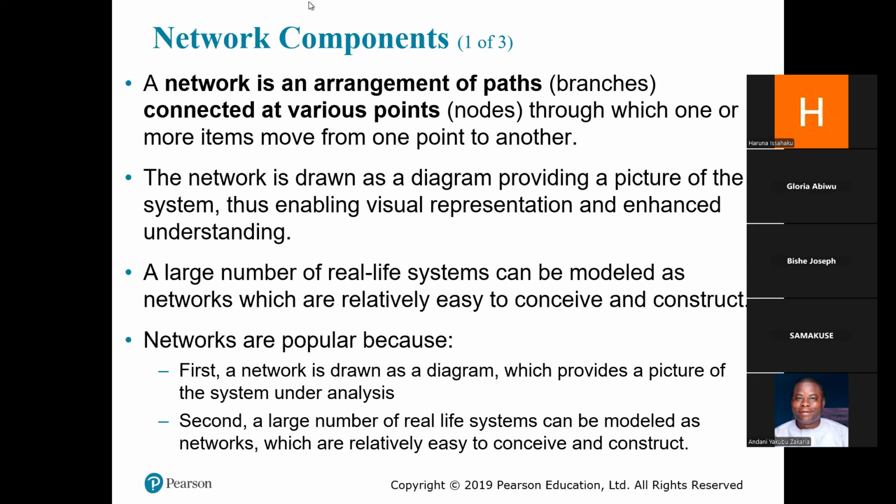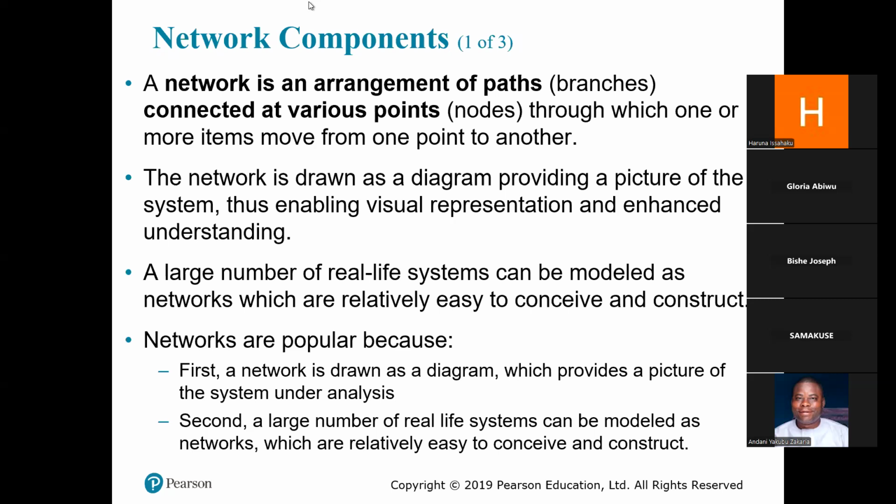So a network is simply a connection of nodes, or these nodes can be termed as points using branches.